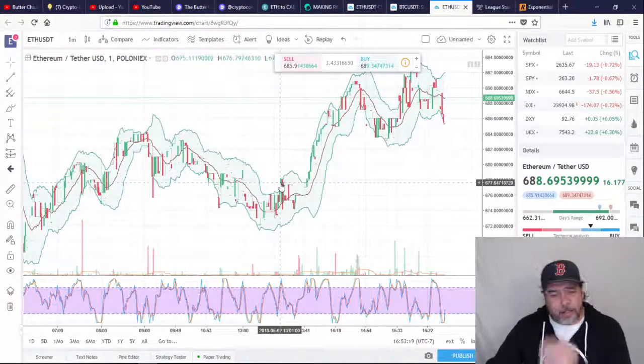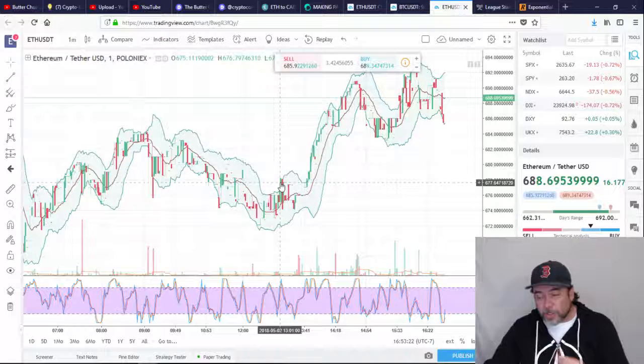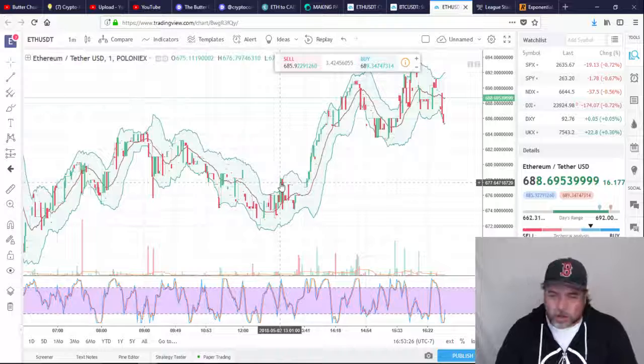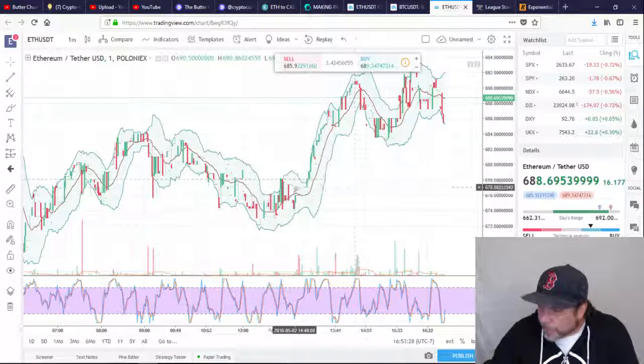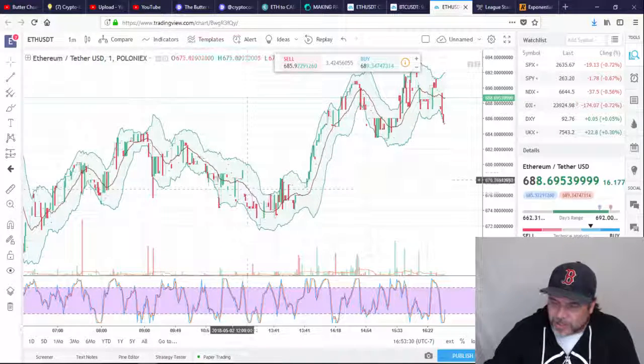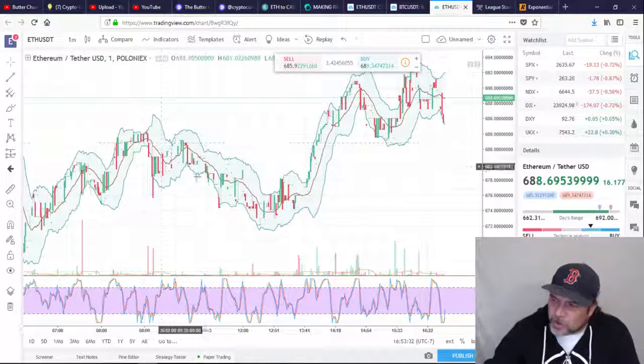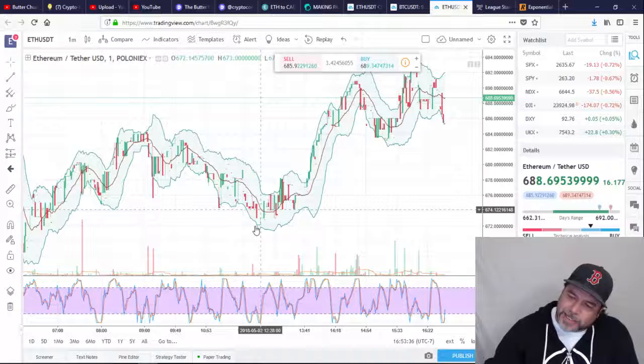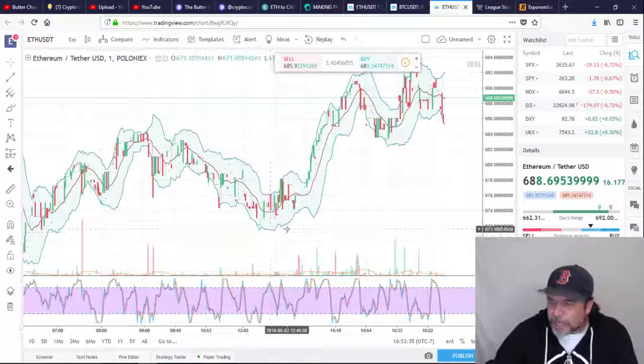The Bollinger Bands are a very immediate indicator, so you can see where they're at. The red line is the moving average, right? The top line is one deviation above, and the bottom line is one deviation below, okay?